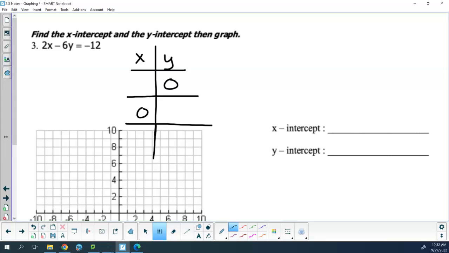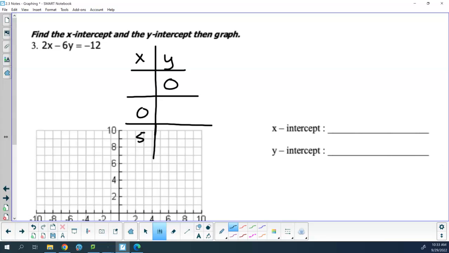And then I can just pick some other random number. Give me a number between -10 and +10. 5. Okay? So we can just pick some other random number, so we get 3 points. And we can either have x be 5, or we can have y be 5. It doesn't matter.